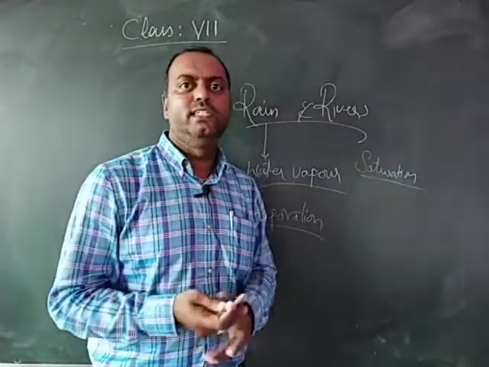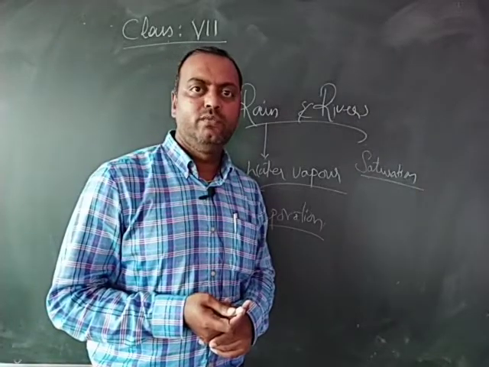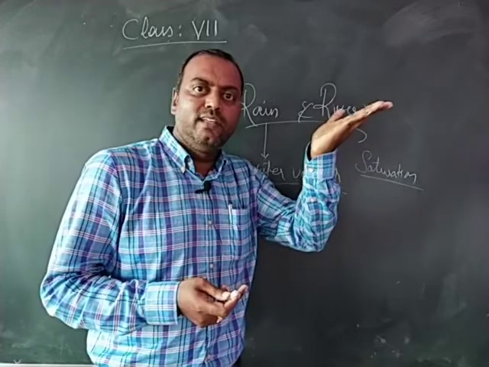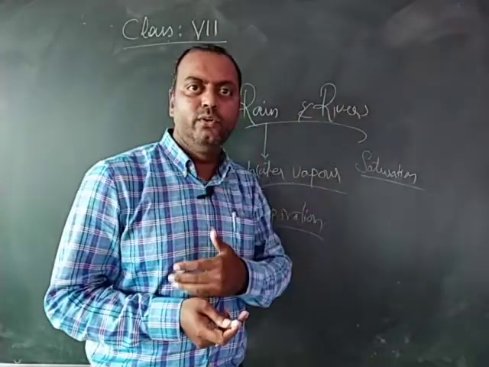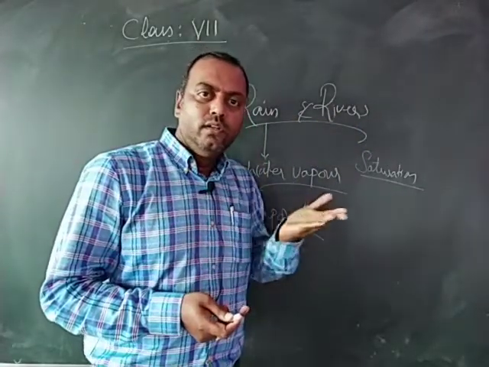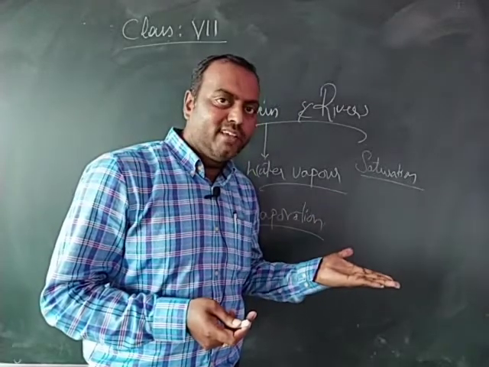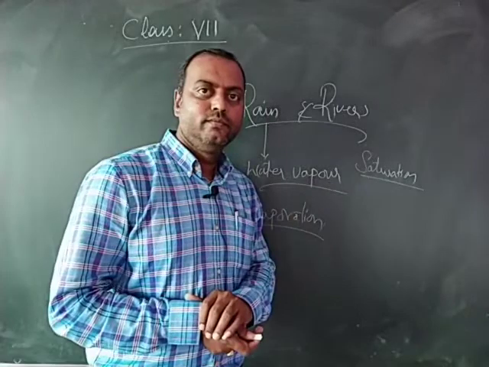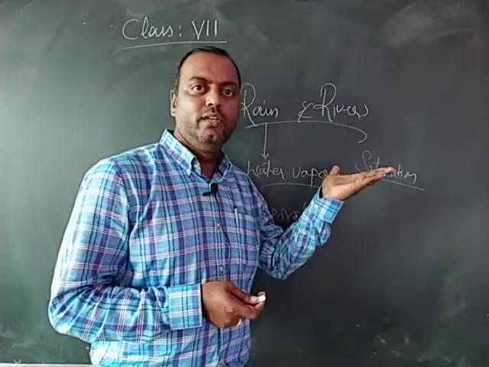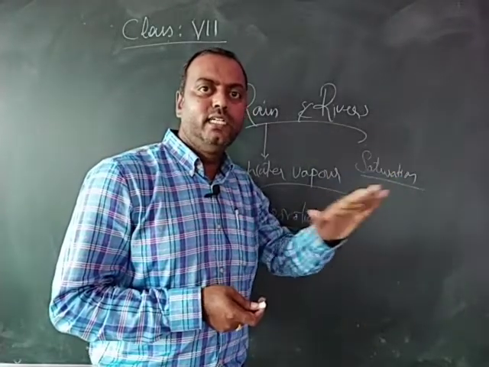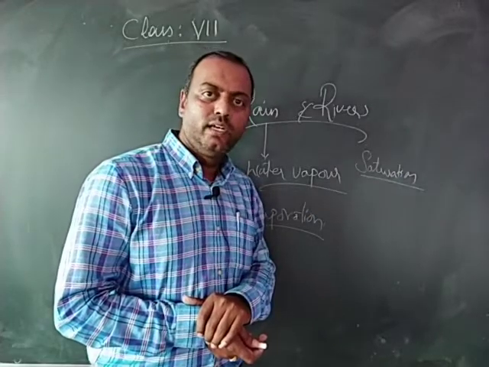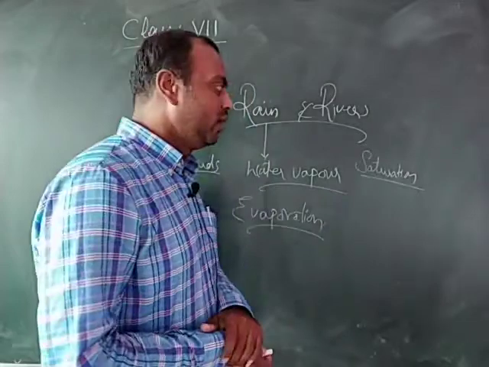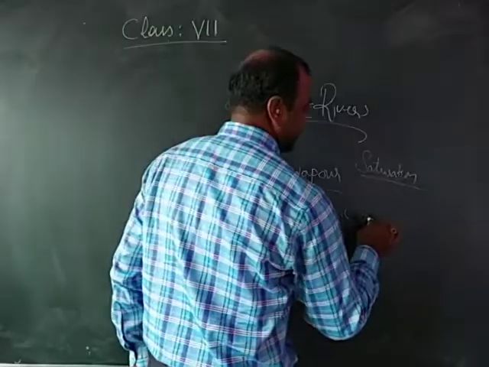Even after turning into droplets of water, it further rises up, and as I told you before, the temperature decreases as you travel above the earth's surface. Because of this phenomenon, the vapor turned into water, and the process of vapor turning into water is called condensation.